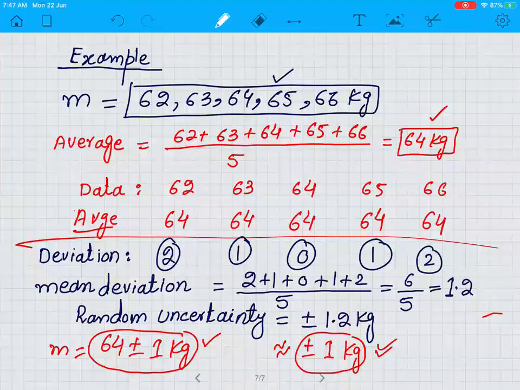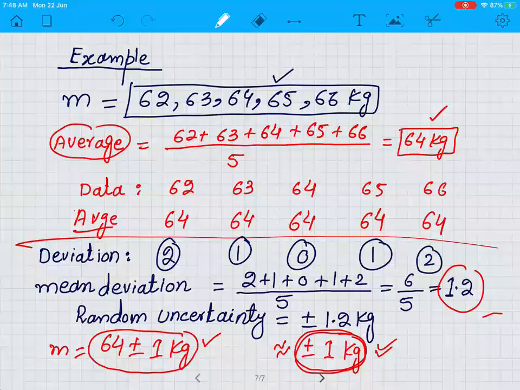Actually, when you took the readings for mass, the values were fluctuating. So you calculated the average, then you calculated the mean deviation, and the average value of mean deviation, that was plus minus 1 kg, was the random uncertainty.